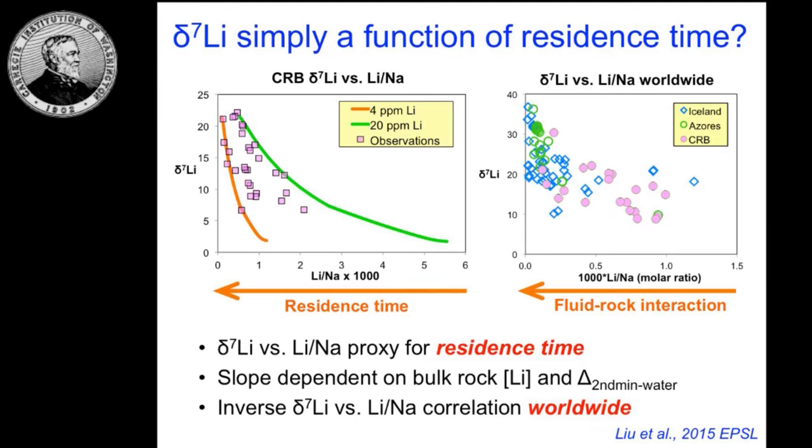We also compiled some data from literature, where we observe the Atlantic rivers and also a river from the Azores where people only see the weathering of basalt, right? And this seems to have a similar trend in terms of lithium-sodium ratio versus delta lithium.